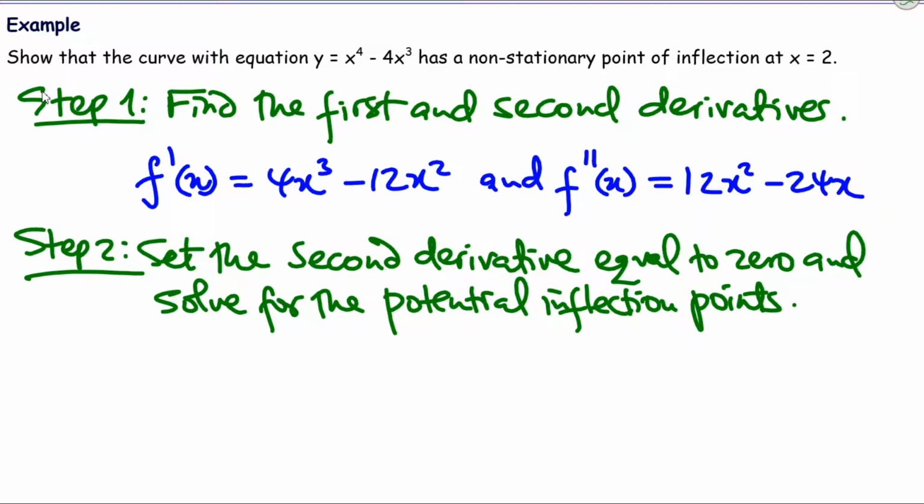It could be 1 point, could be 2 points, we don't know. We need to figure it out. So we are going to equate the second derivative to 0.